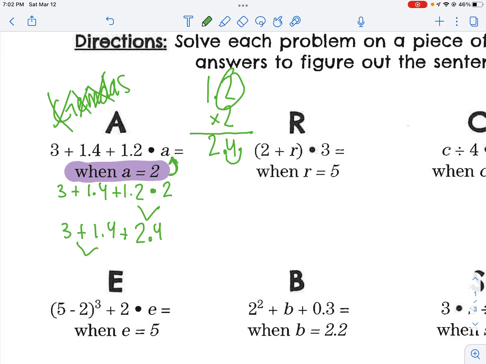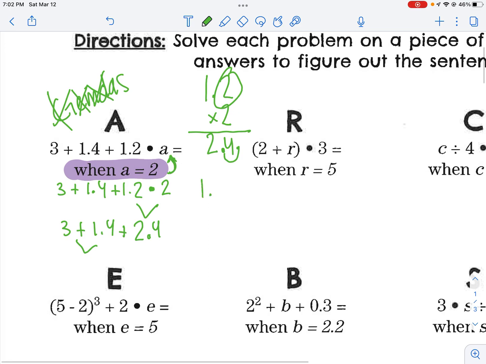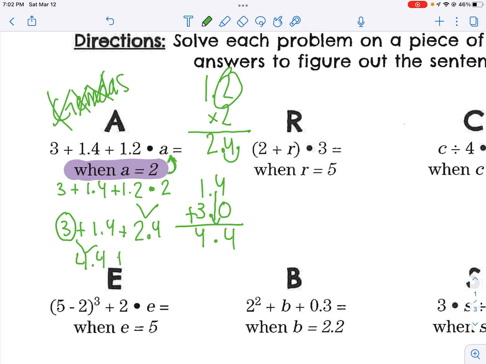Now I know that when I add decimals, I do have to line up the decimals. So I'm going to have 1.4 on top. I know that in 3, the decimal is invisibly behind it. So I'm going to add the decimal there and then add a 0 in that blank space I have. 4 plus 0 is 4. 1 plus 3 is 4. Bring that decimal straight down. So now I have 4.4 plus 2.4 left over.